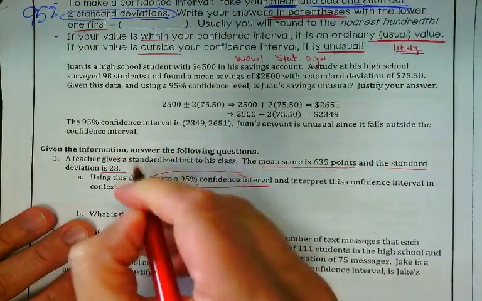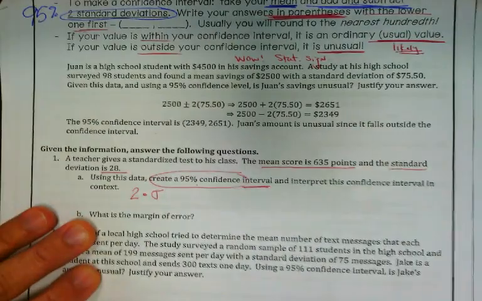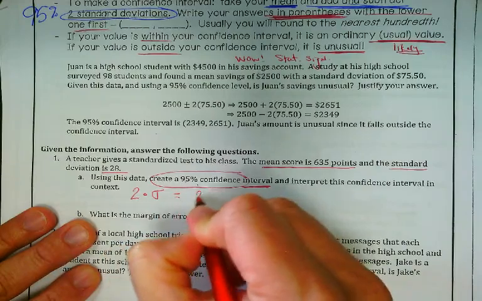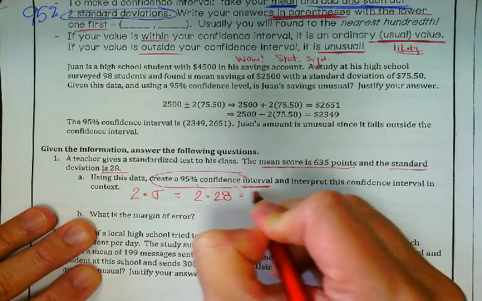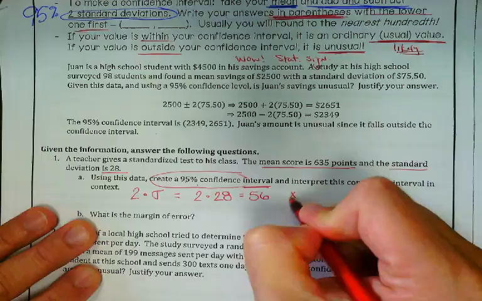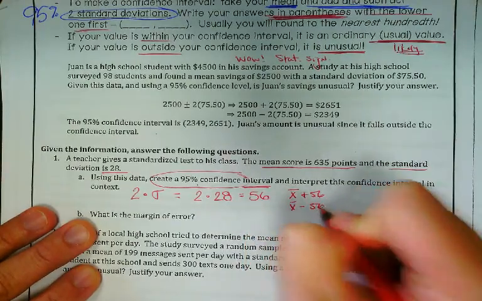So again, I'm going to find 2 times the standard deviation. That represents 95% of the data. So I'm going to say that's 2 times 28. 56. Beautiful. And then we take that number and we add it and subtract it to the mean. So it's the mean plus 56 and the mean minus 56.